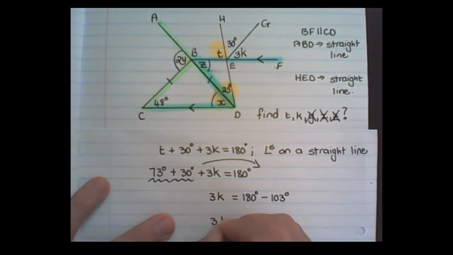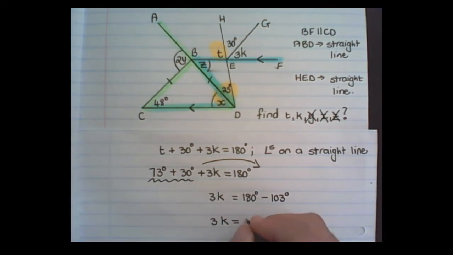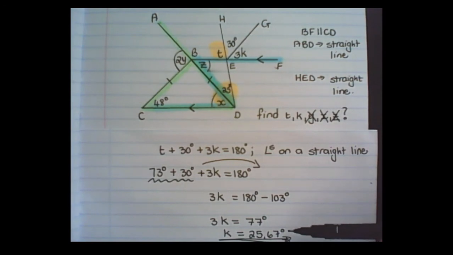So 3k is equal to 77 degrees. And dividing both sides by 3, I find that k is 25.67 degrees. It is okay to find a decimal value as an angle size. Do not think that you made a mistake somewhere. It's just simply when we divided 77 by 3, there was a remainder. So it is okay to have decimal values.